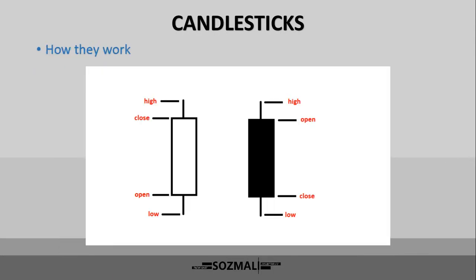Now, how do candlesticks work? Basically, candlesticks represent four pieces of data within each candlestick, right? It shows you the opening price of that individual candlestick depending on the time frame you pick. It'll show you the highest point that it reached, as you can see over here. Then it'll show you the lowest point it reached.